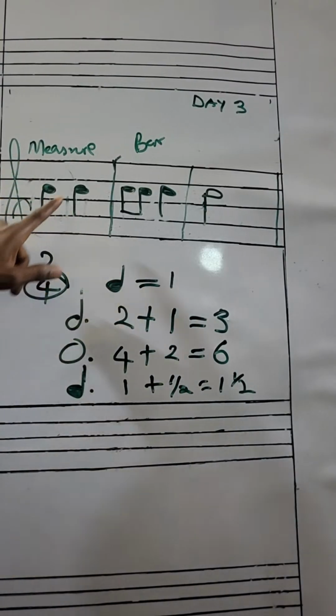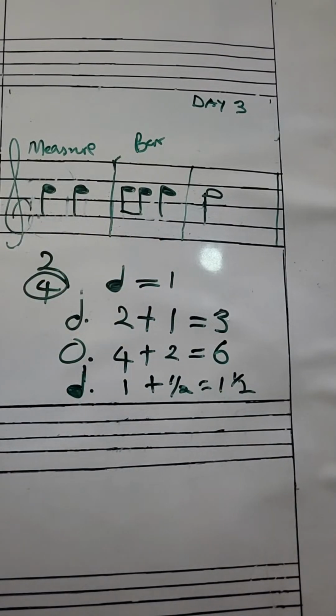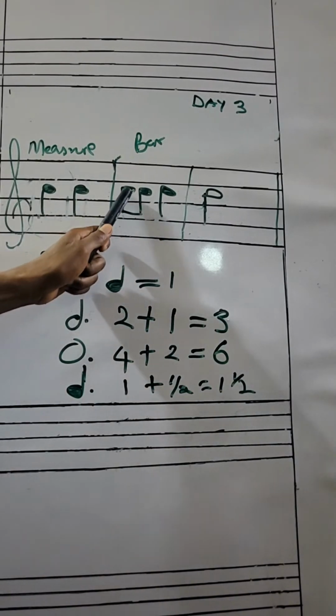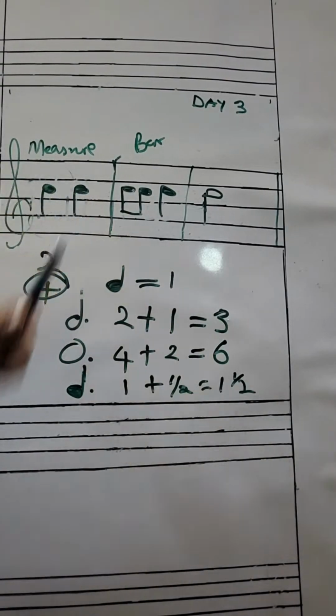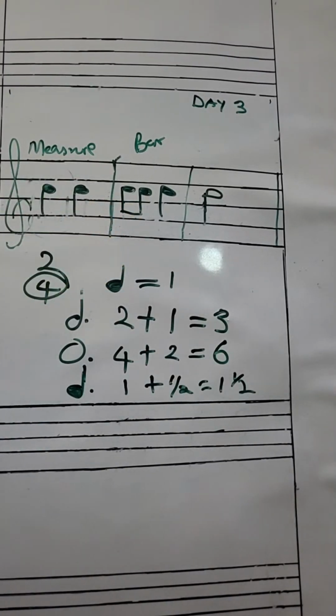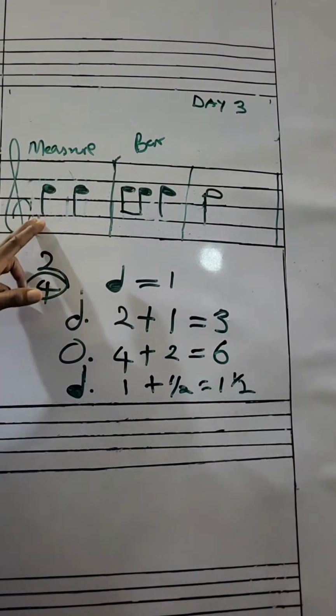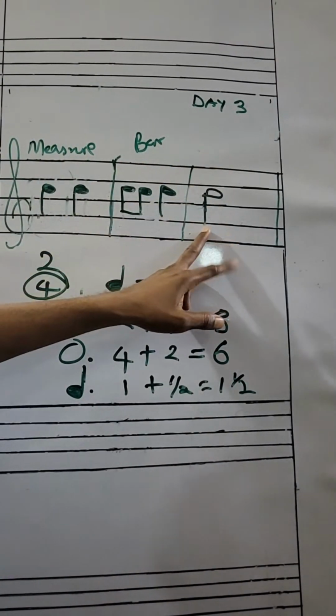This is 1, 2. 1, 2. Don't forget that this is your 8th note, and your 8th note is half the value of your quarter note. That is to say that 2 of your 8th notes is equal to 1 quarter note. So here we have 1, 2, 1 and 2, 1, 2.